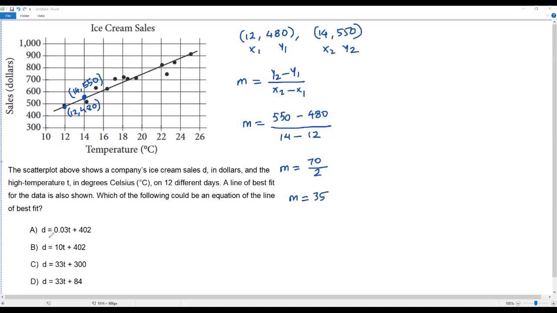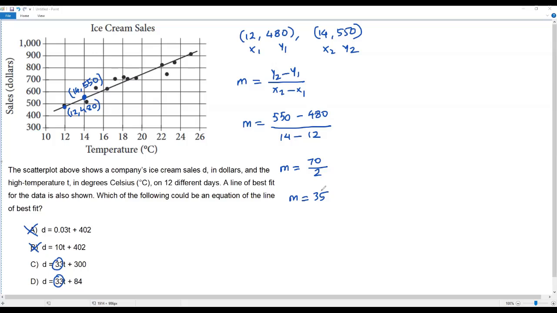Here I said that each option is given in slope intercept form, but instead of y we have D, instead of x we have T. The slope in option A is 0.03, but it's too far from the slope we got, so we can reject option A. And in option B we have 10, but here we got 35. So this one also can be rejected. But in option C and option D, we have the same slope, 33.